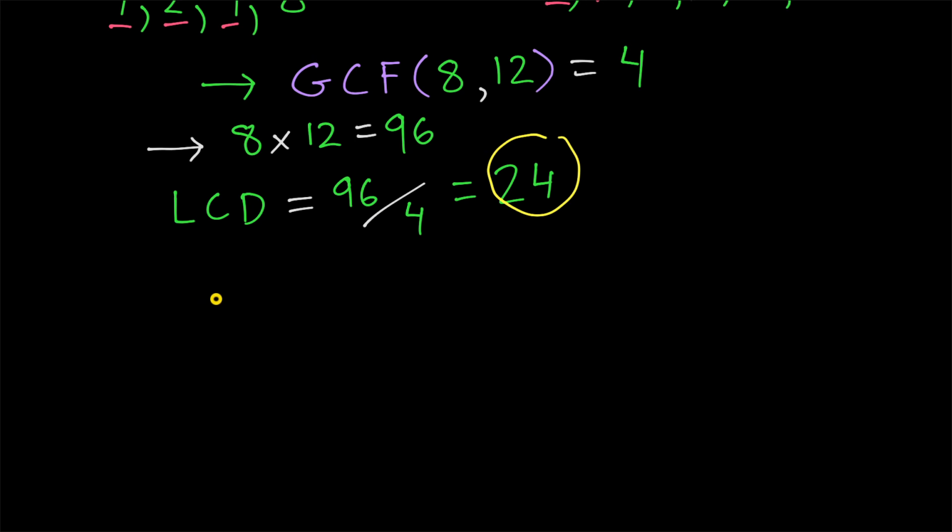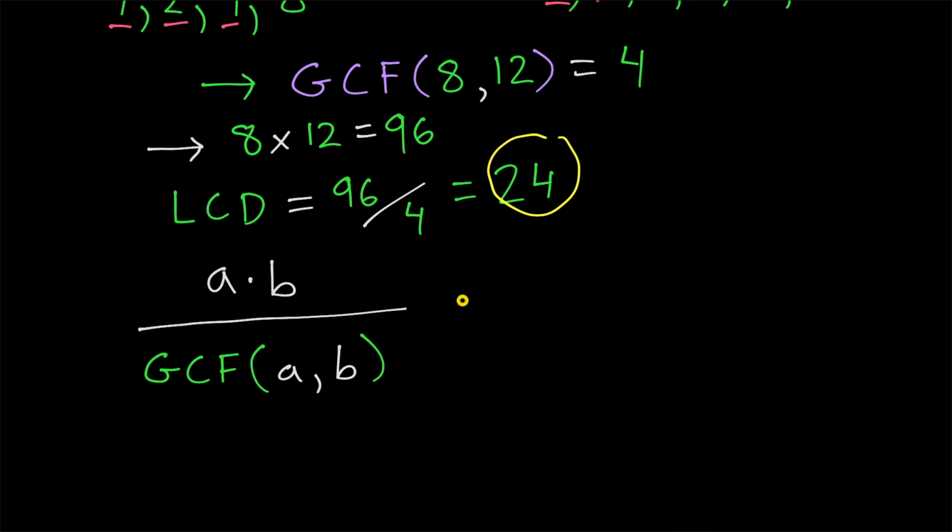When you're faced with two different fractions, you take the denominators from those two fractions, and then you find the greatest common factor or the greatest common denominator for denominators A and B. Then you multiply A times B and divide it by that greatest common factor. And this is equal to your lowest common denominator or your least common denominator.